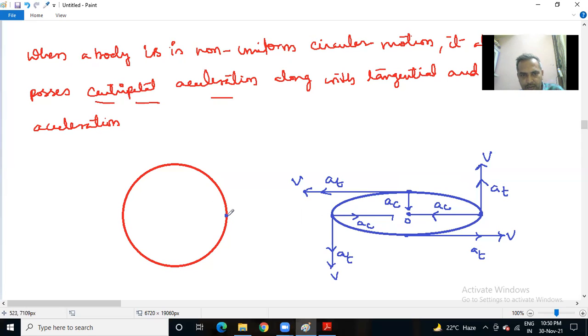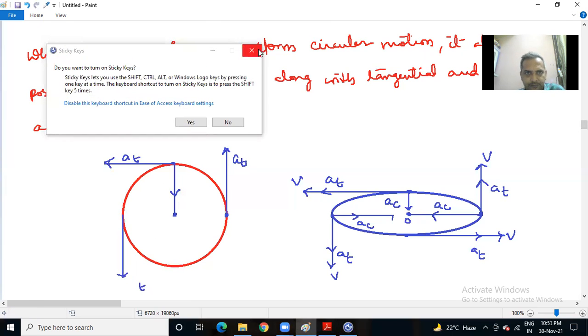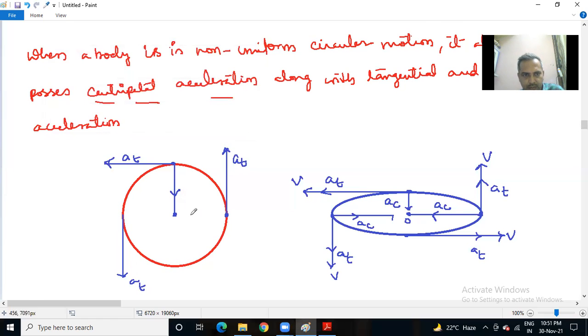If you discuss the vertical circular motion, when the particle is here, this is the direction of velocity and tangential acceleration. When the particle comes here, this will be the tangential acceleration. At each position, centripetal acceleration is always towards the center.